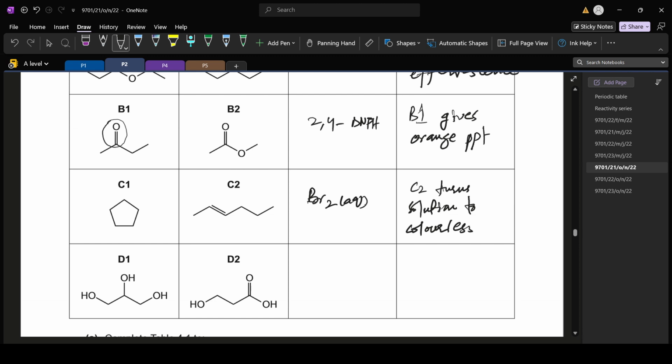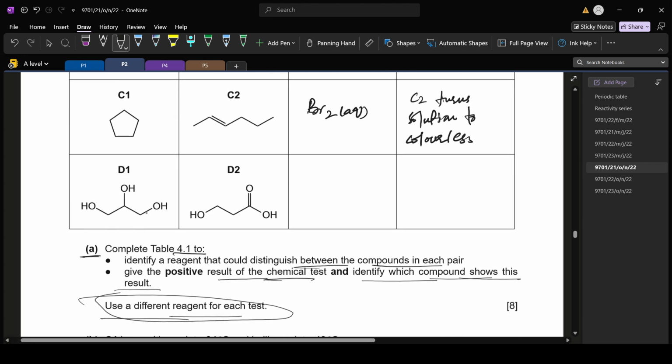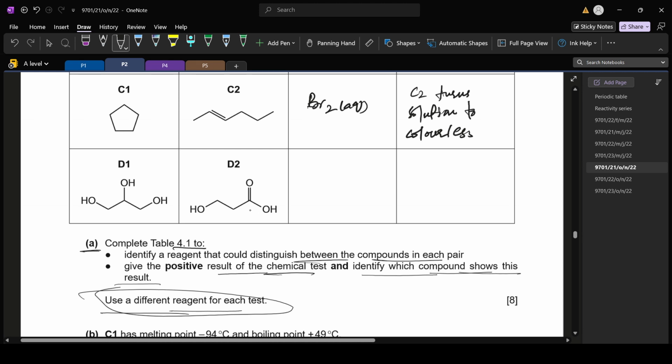The solution will be colorless in C2, but C1 will not react because there is no double bond. Now D1 and D2.